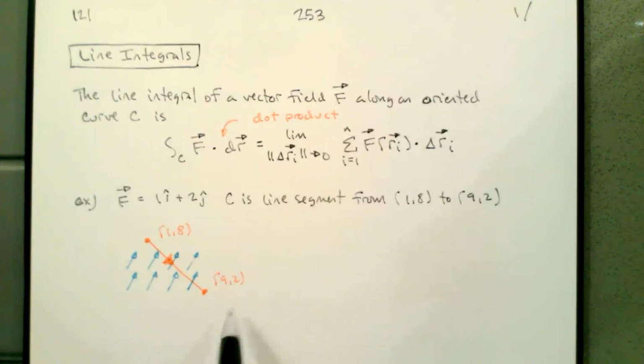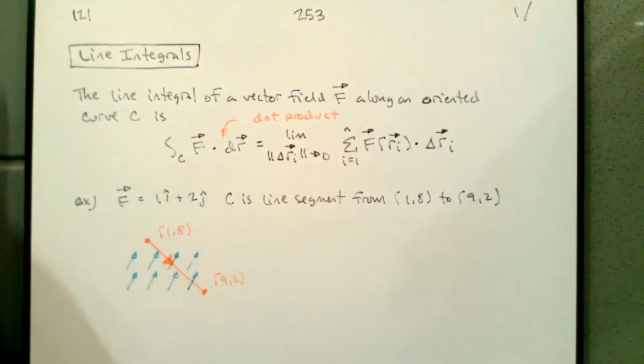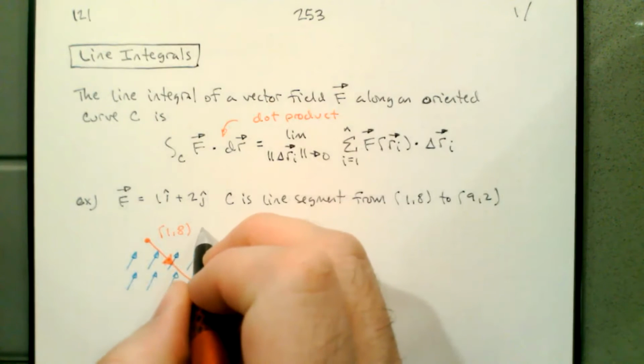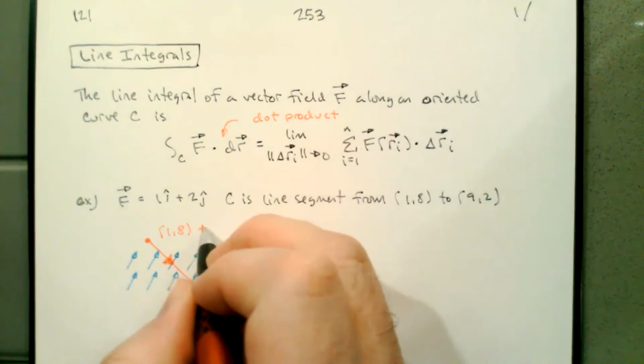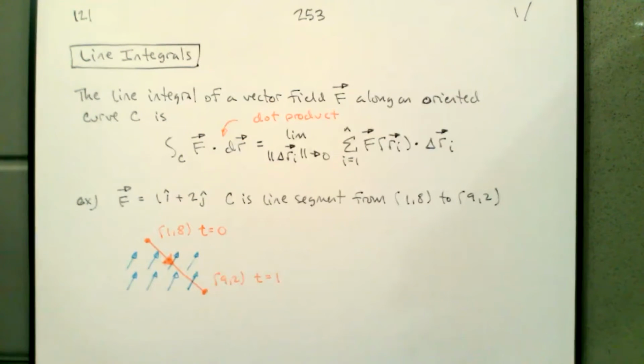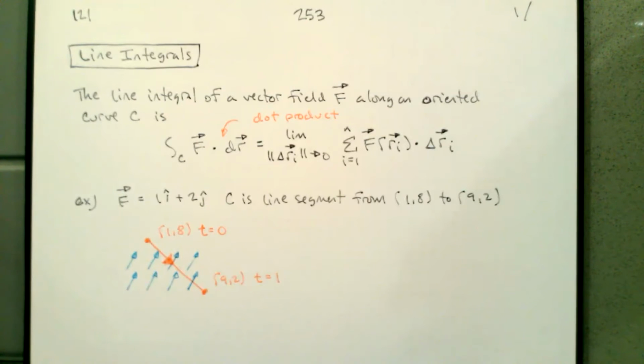What we want to do is parameterize the curve C. So we're going to start off at (1,8). Let's say this happens when t is equal to 0, and let's suppose that (9,2) happens when t is equal to 1. We can have our starting t and ending t be whatever we want.